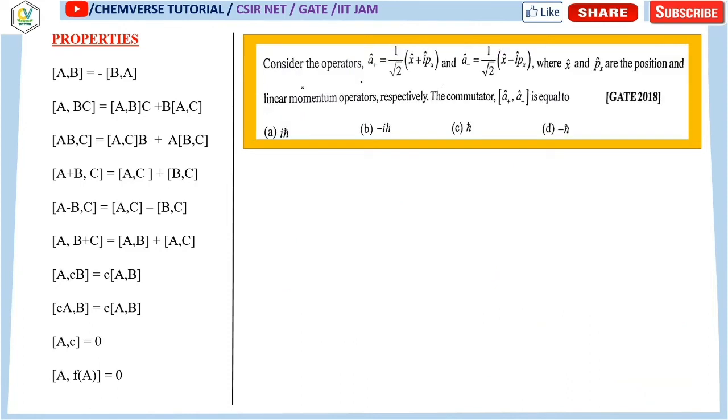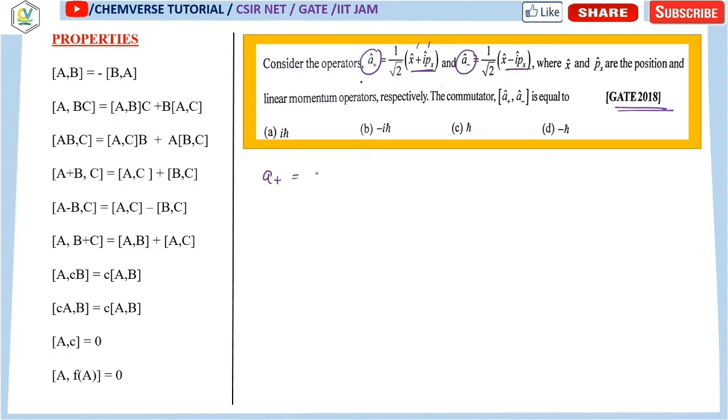Now this has been asked in GATE 2018 and it's one of the most important questions. Looking at this, there are two operators, one is a plus operator, another is a minus operator. Now a plus operator is a linear combination of x and px operator, and so is a minus.